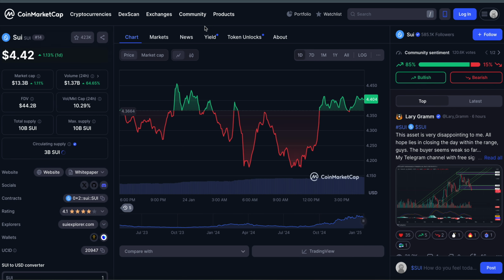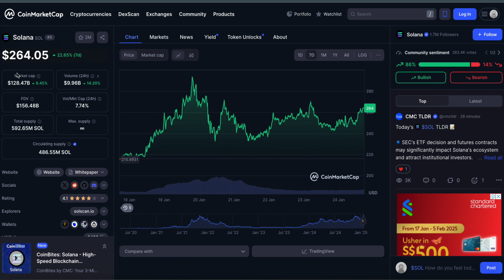Now we're going to talk about the wild card in the room. This is SUI. So you could probably get around 20 to 30 of these for $100. And that's a pretty good position in SUI. And SUI could end up ultimately overtaking Solana, believe it or not. And right now it's at a $13 billion market cap. If you compare that against Solana's market cap, $128 billion.